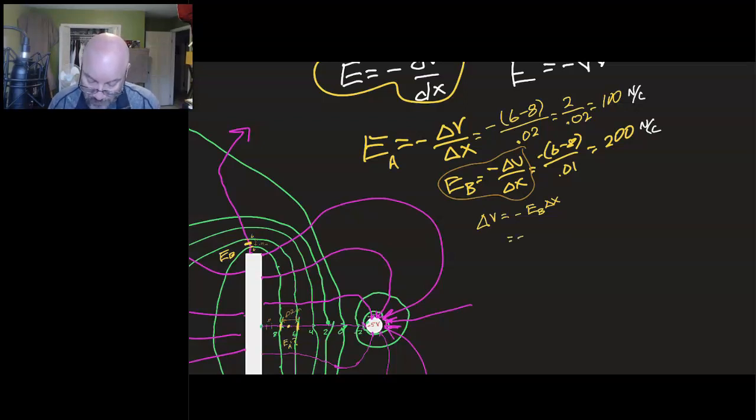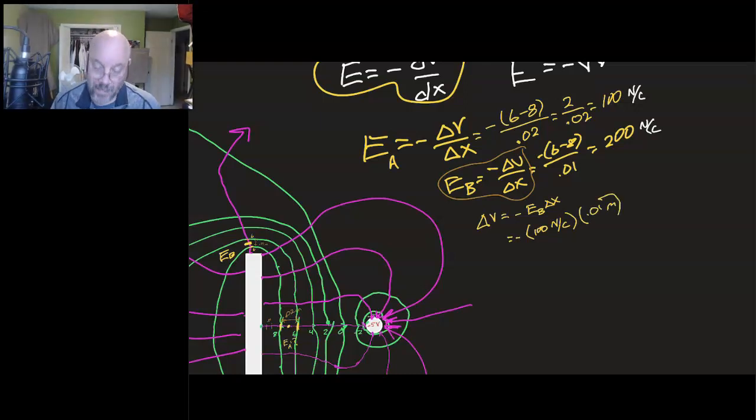This is a little crazy. Let's say it's only 100 there, so I have minus 100 newtons per coulomb, and I put in 0.01 meters. You see, I got a mess.